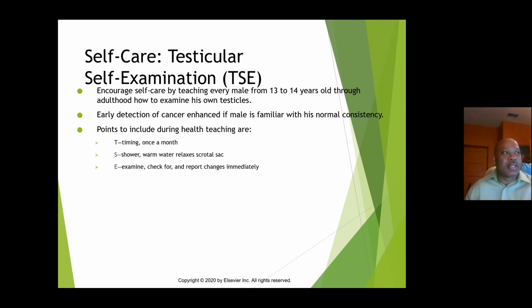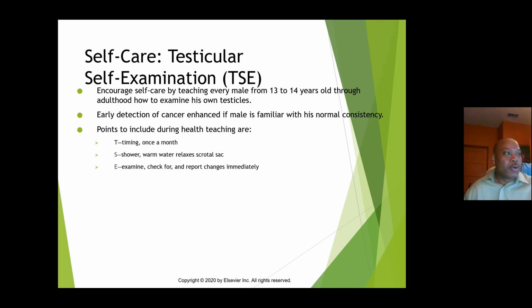If they know how to examine themselves and how things should feel, then they could detect cancer a whole lot earlier, and we can employ the proper treatments and give the patient a much better chance of survival, right?